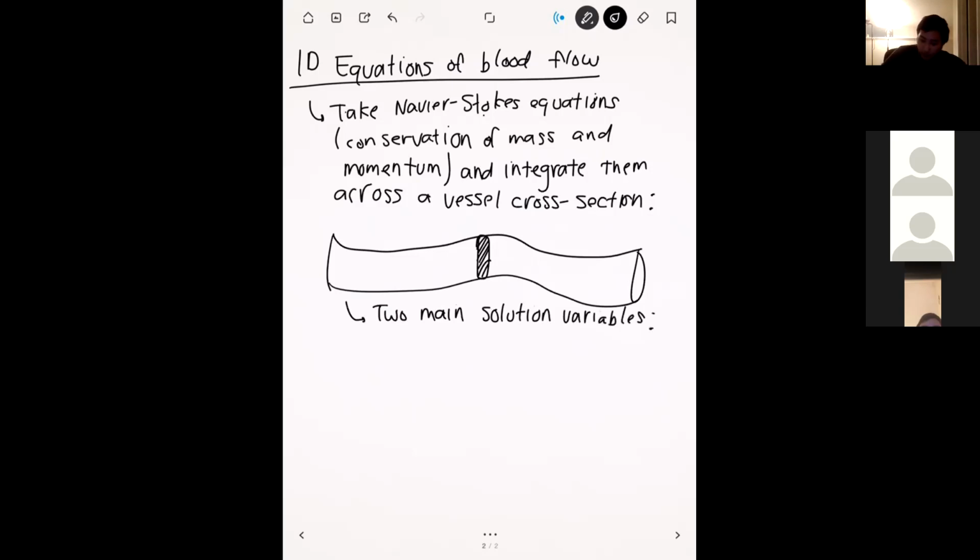The first solution variable is going to be the flow rate, Q. And the other unknown is going to be the area, A. This is the local cross-sectional area.